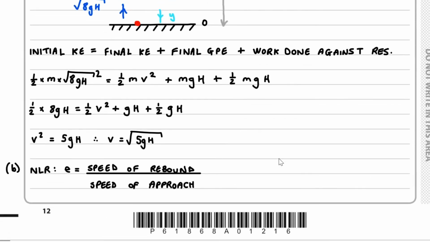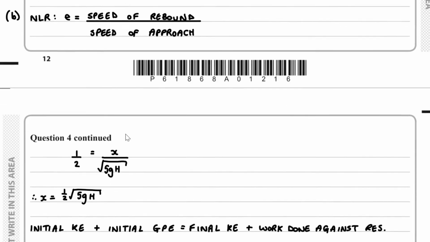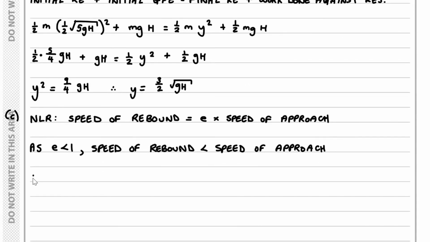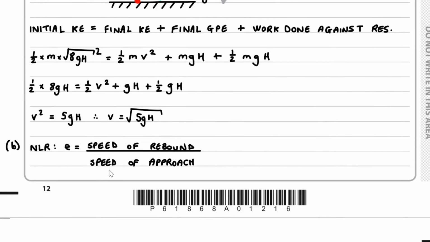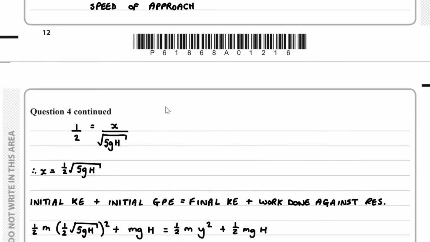Now, if we go back to our diagram, what we're saying by that then is x will be less than v. So therefore x, which is the speed of rebound, will be less than v. And what we're saying as a result of that is there's kinetic energy lost when the ball hits the ceiling.